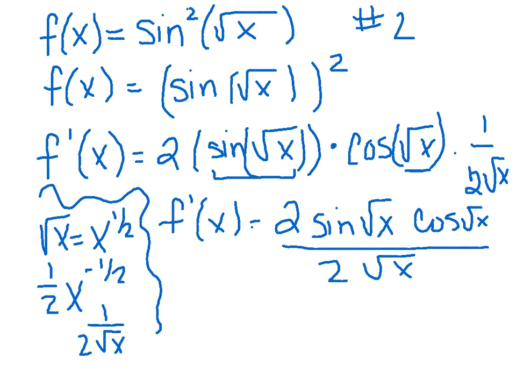We can cancel out these 2's, and I can just erase it. So our derivative for our function is sine of the square root of x times cosine of the square root of x, over the square root of x.